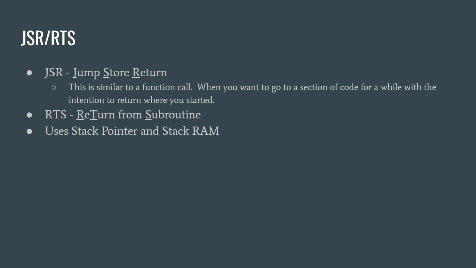The jump store return instruction is similar to a function call. It jumps to an address, but then it saves your program counter where you're currently at onto the stack, so that when you do a return from subroutine, the RTS instruction, it pulls that address back off of the stack and puts it on the program counter, and so you return to where you were.